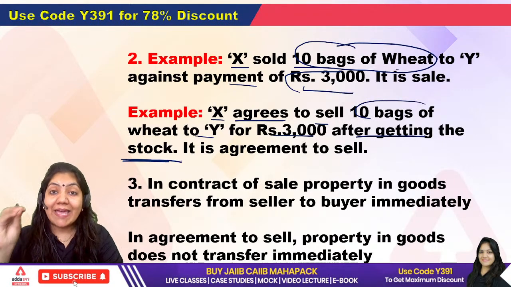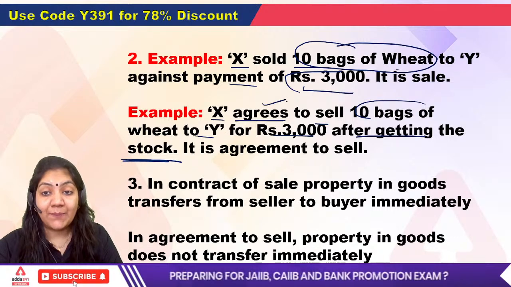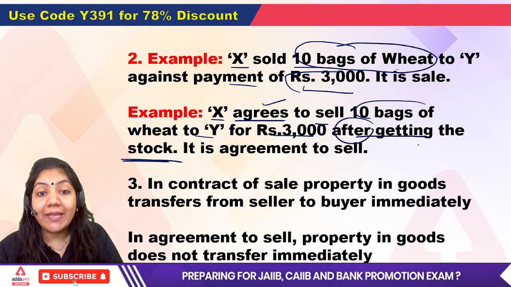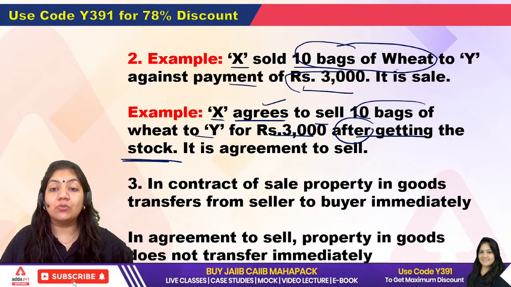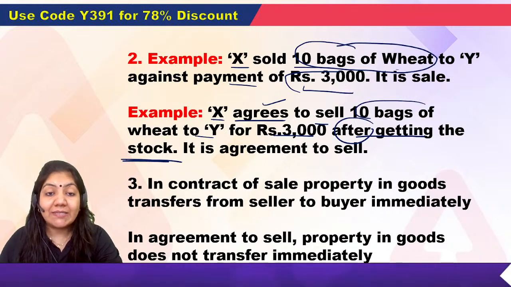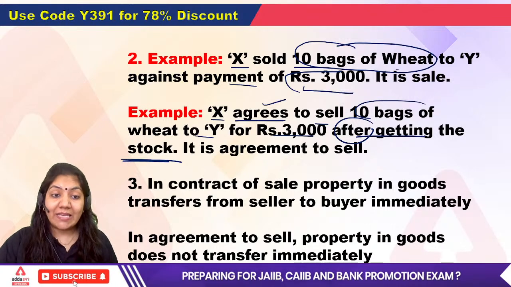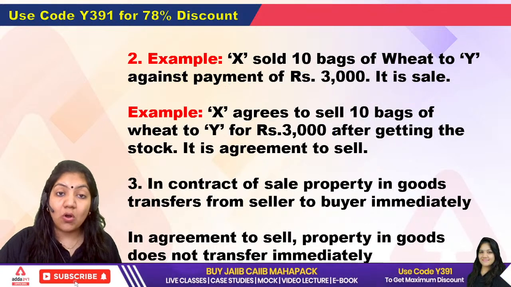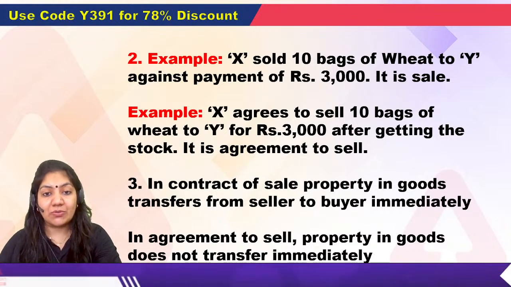That means the agreement has to be fulfilled in the future, because X agrees to sell after getting the stock. So when he gets the stock, then he will sell to person Y. That is the basic difference. So I think this example is clear to all of you, what exactly sale and agreement to sell are.